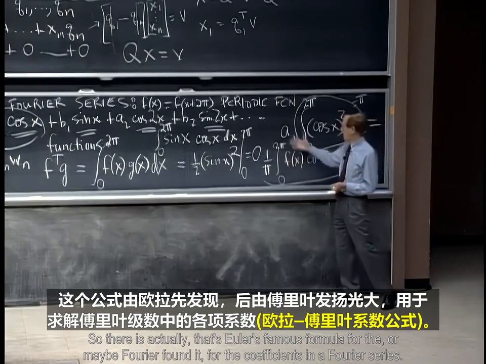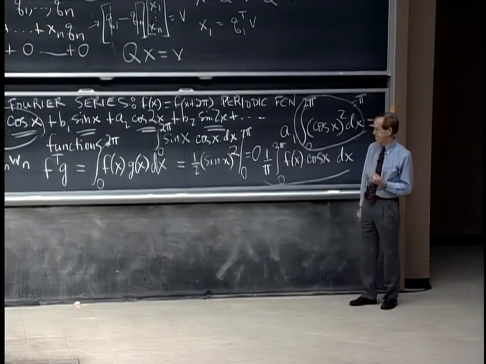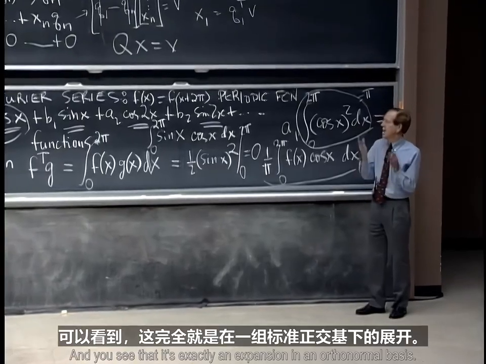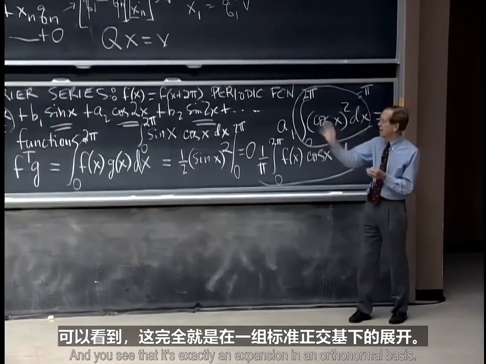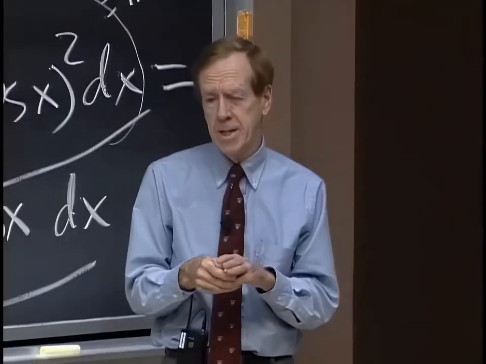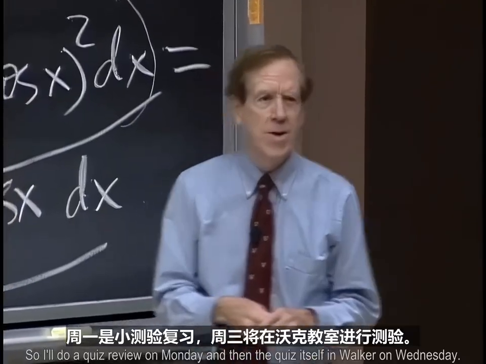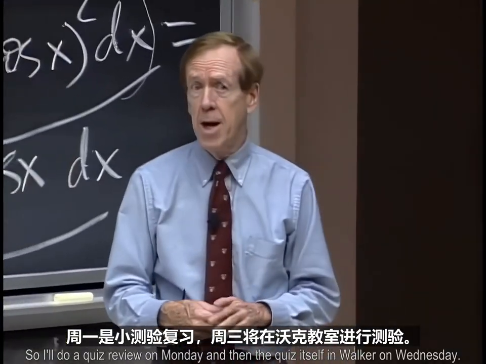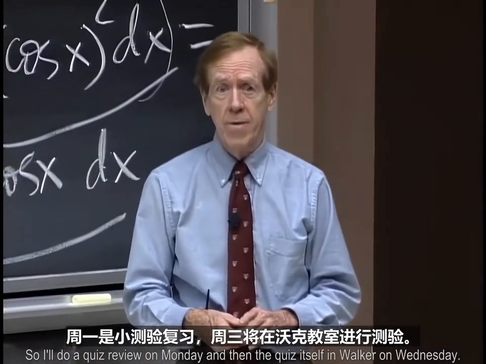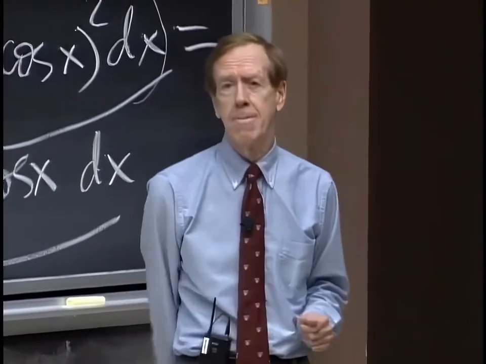So that's Euler's famous formula, or maybe Fourier found it, for the coefficients in a Fourier series. And you see that it's exactly an expansion in an orthonormal basis. Okay, thanks. So I'll do a quiz review.